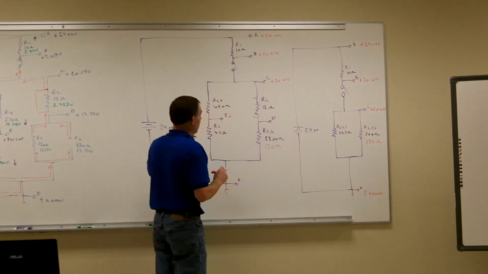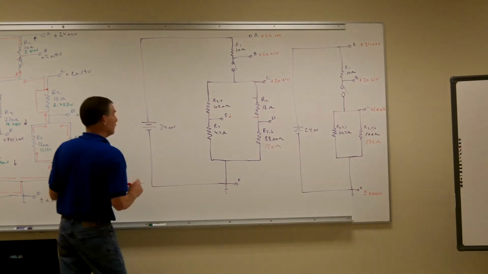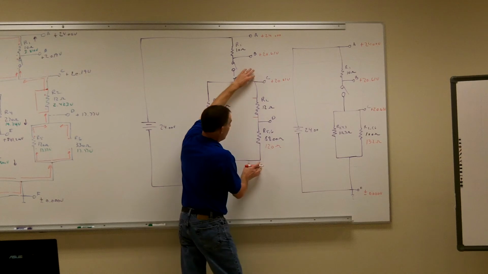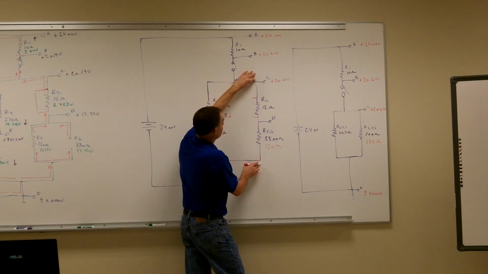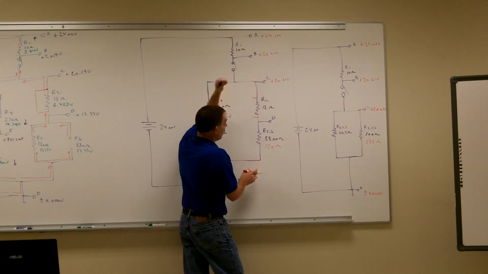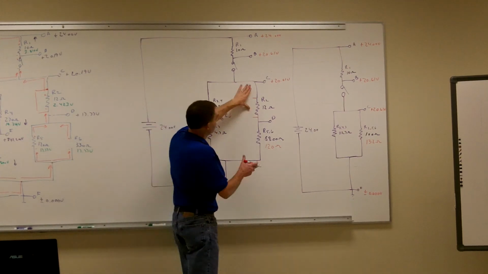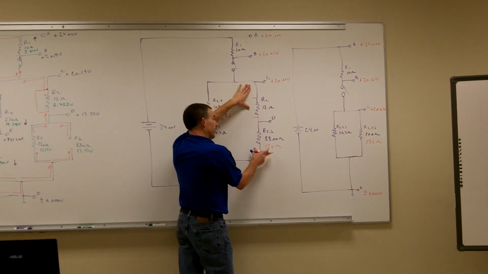Okay, so now, let's see, so we opened up R6, so what's my new voltage drops across R2 and R5 and 6?